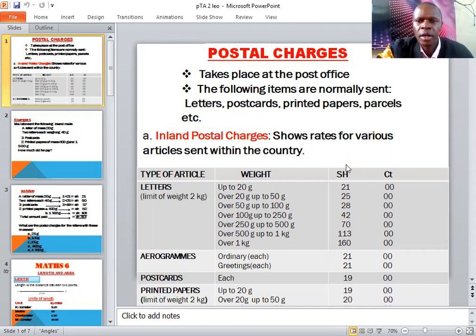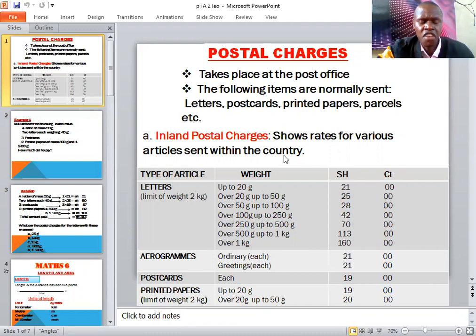Now, we have what we call inland postal charges, whereby you are going to be served with a table that shows items that are sent within the country.